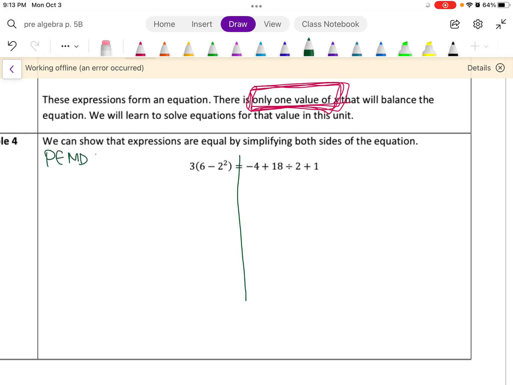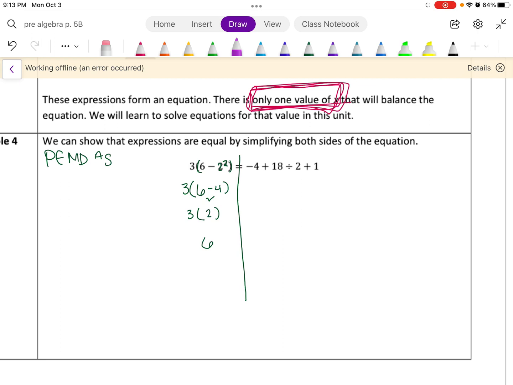Parentheses, exponents, multiply, divide, add, subtract. We want to do our parentheses first. Well, in our parentheses, it's 6 minus 2 squared. So before I can subtract, I have to figure out what 2 squared is. So this would be 3 times 6 minus 4. Well, 6 minus 4 is 2. So this is 3 times 2. 3 times 2 is 6.